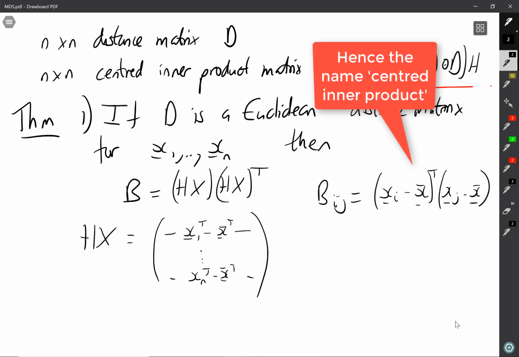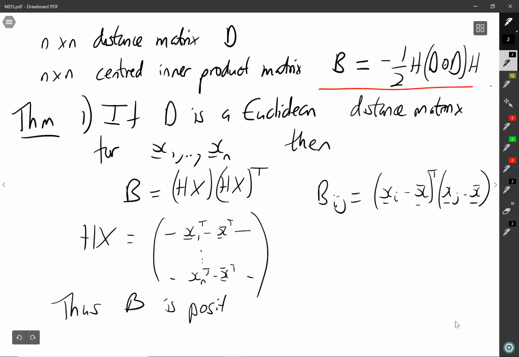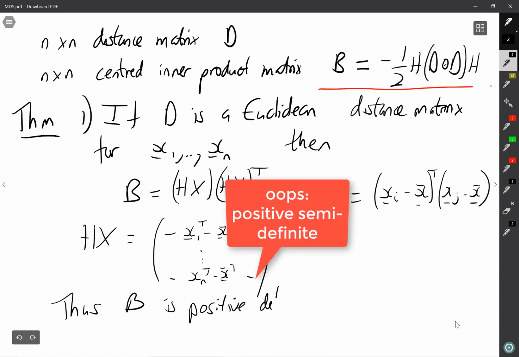And we can also see straight away that B must be positive definite. If you think about what positive definite means, it means that a transpose B a is bigger than or equal to 0 for all choices of the vector a.